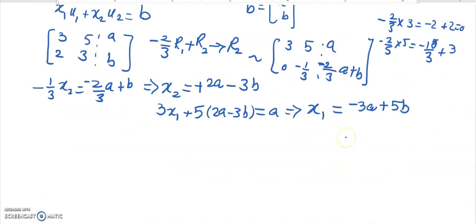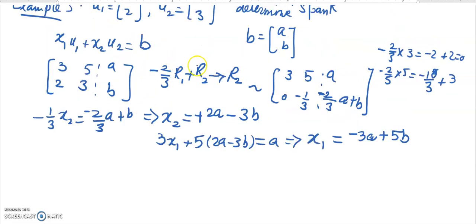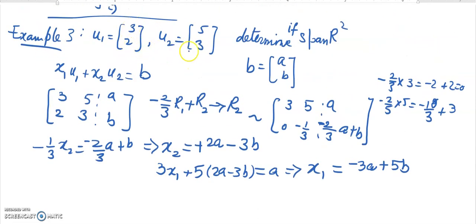So both a and b are real numbers, so the values of x1 and x2 are also real numbers. This means that we have finite values of x1 and x2. So it means that these two vectors span R2.